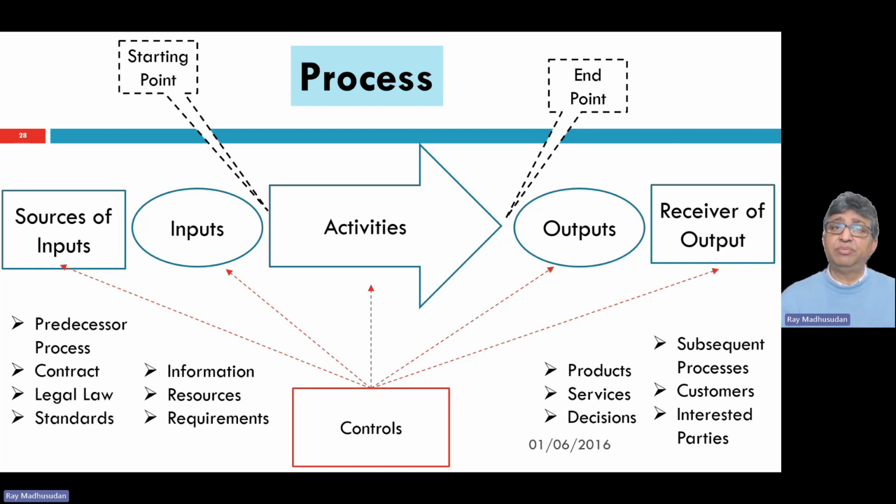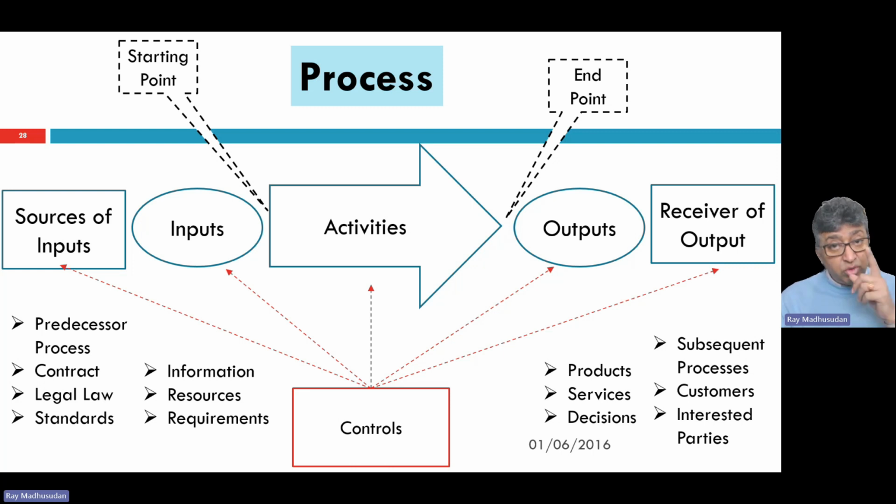The idea itself is the product of a thought process. So you give an idea, you give a recommendation for something, that is a product. And the receiver could be a person or a subsequent process which is taking the output. And there will always be a starting point and an end point.